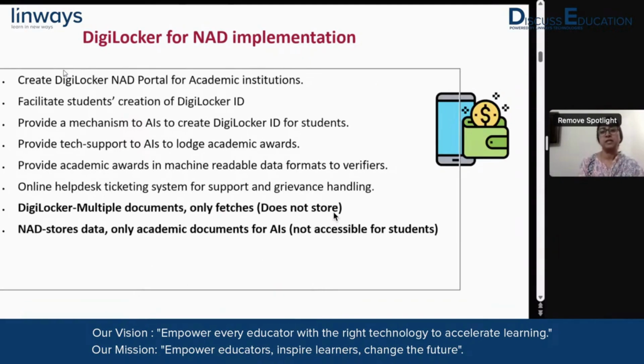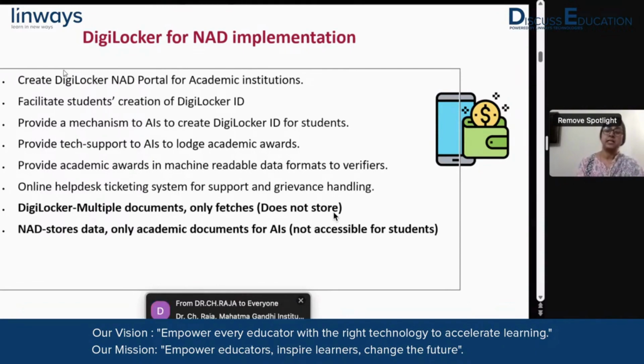Any kind of NAD related activities can be initiated only by a DigiLocker. So the creation of DigiLocker is very important for the NAD portal for academic institutions, and we all understand that DigiLocker is also created for individual purposes. Each of us has our documents in terms of the DigiLocker.